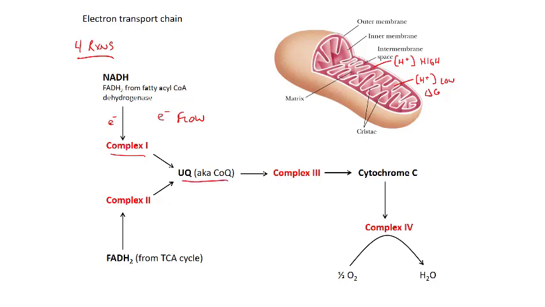to a molecule called UQ, or coenzyme Q, or if you prefer, just plain Q. Okay, this is another sort of temporary electron carrier. At the same time, FADH2 is going to hand off its electrons through complex 2, again to coenzyme Q. All right, so coenzyme Q is a lipid electron carrier.